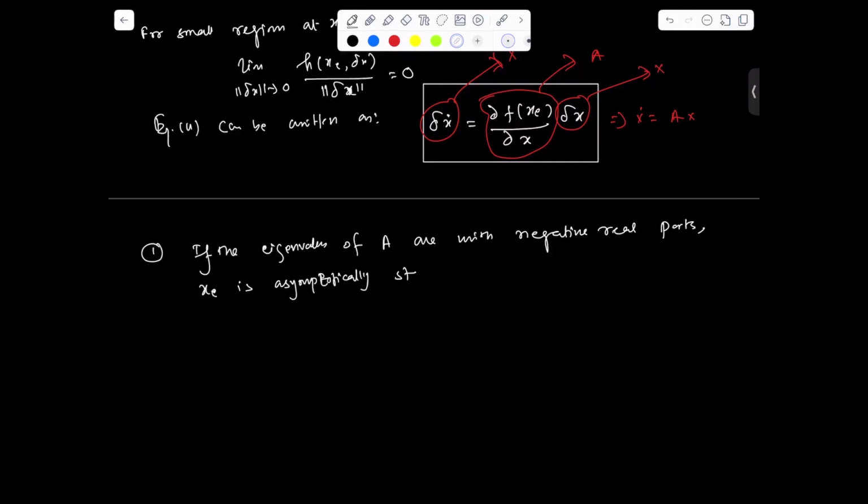Asymptotically stable, this is very, very important. This is the first point in the Lyapunov first method.